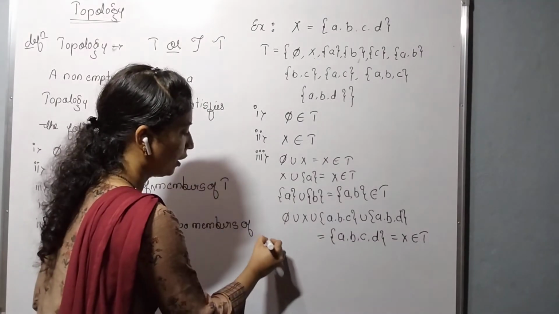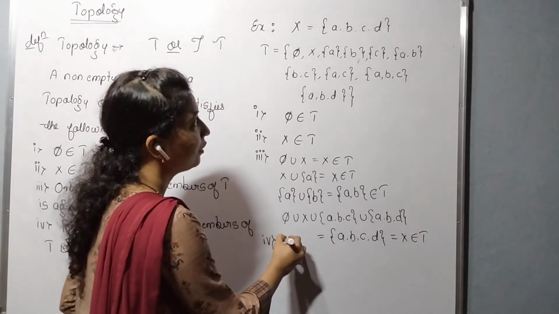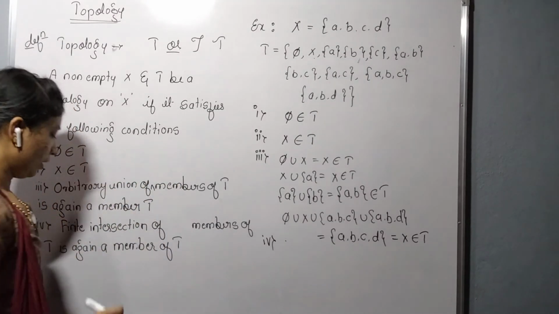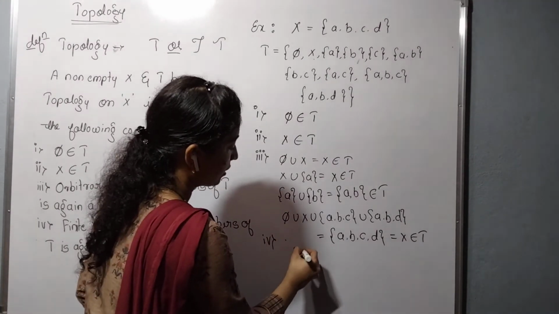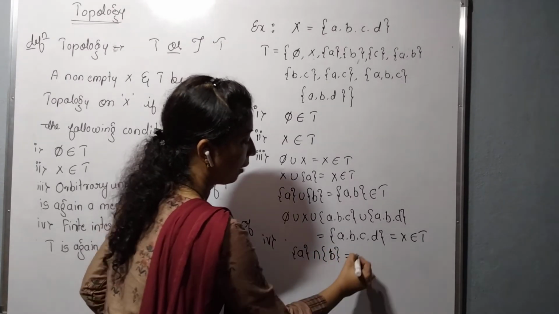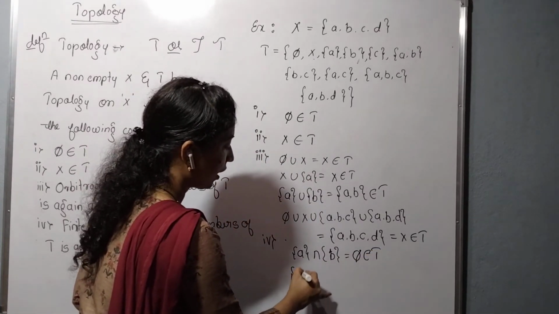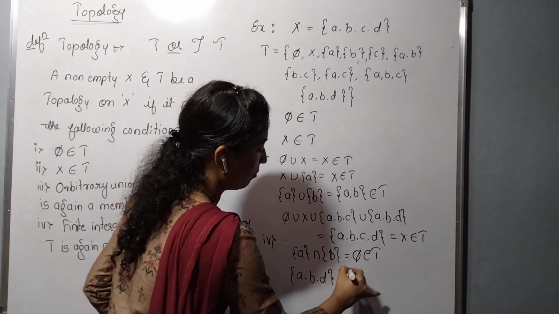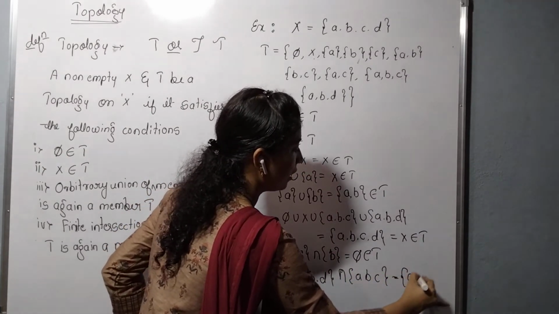So the fourth condition is: finite intersection of members of tau is again a member of tau. Here we consider A intersection B, which is equal to the empty set, which belongs to tau. And here, ABD intersection ABC, the common elements are AB.